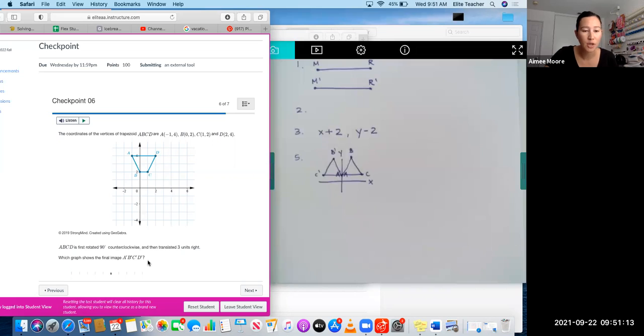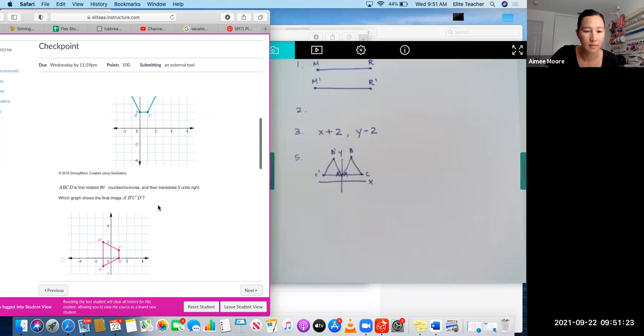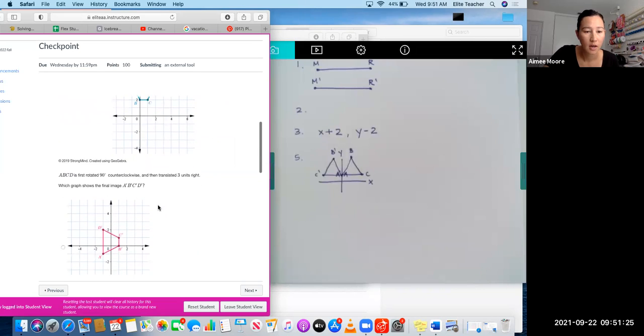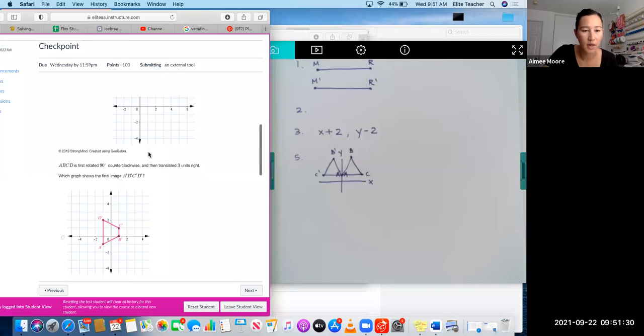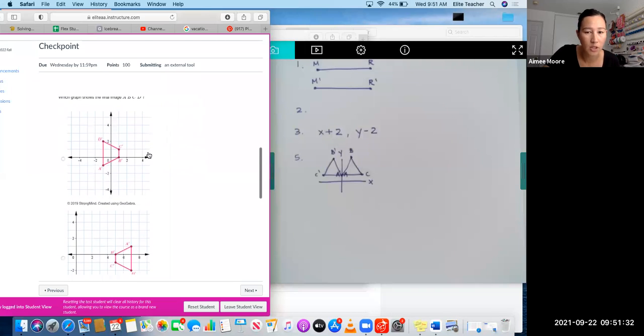So which graph shows the final image of A prime, B prime, C prime, D prime? So the transformed figure. So here, I know you guys can scroll, so sorry, we can't really see all of it in one shot.